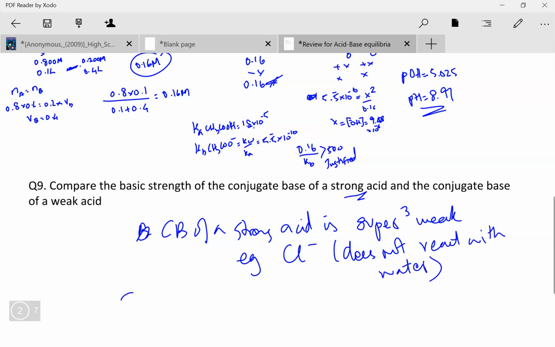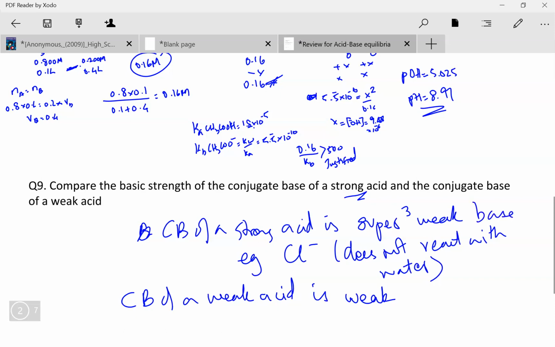The conjugate base of a weak acid is just regular weak, so it's not super weak, it's just regular weak. For example, what's the conjugate base of a weak acid? Acetate ions.